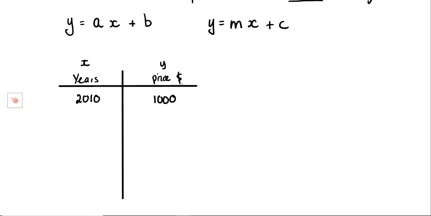All right, and then the next one would be 2011. 2013, and what would these only be? 875? Yeah.